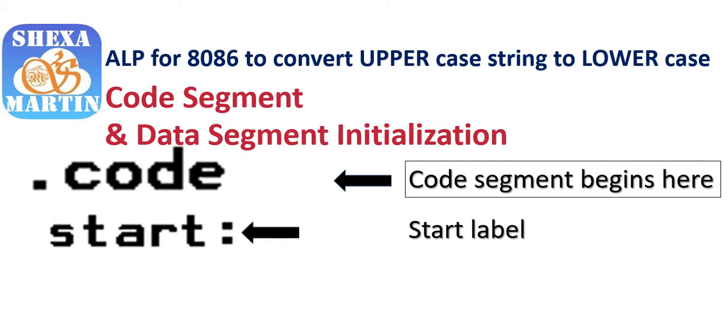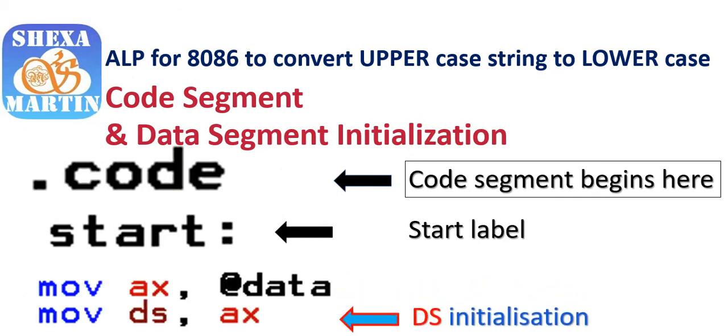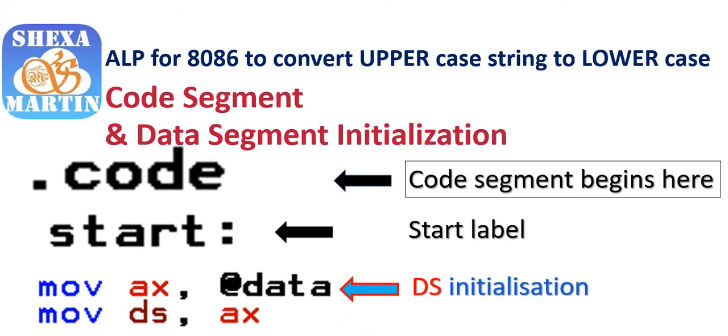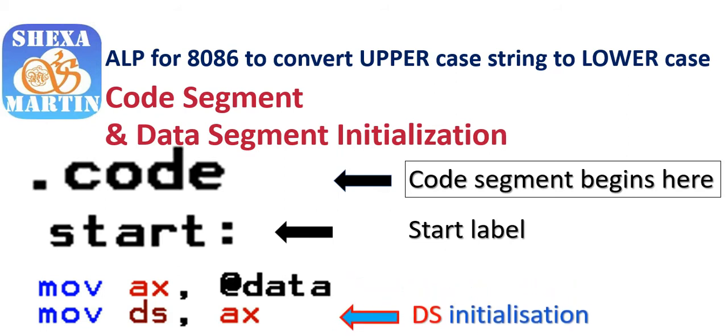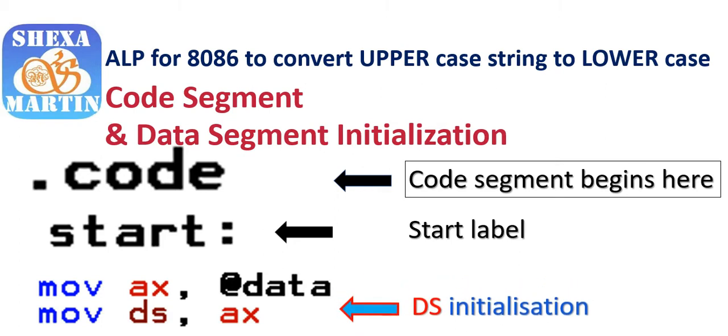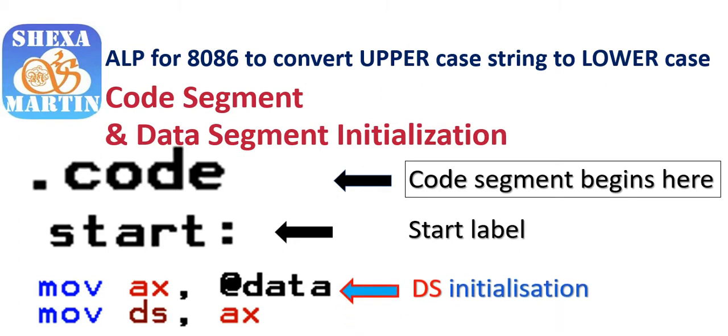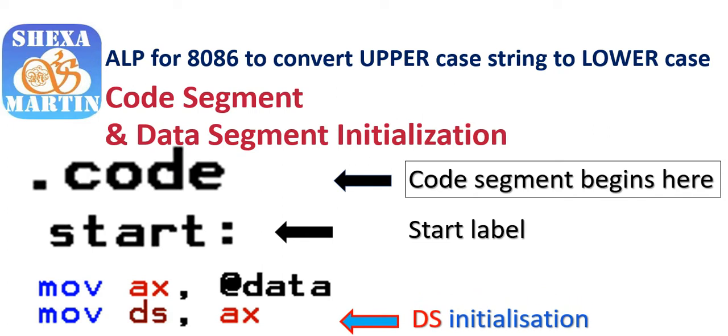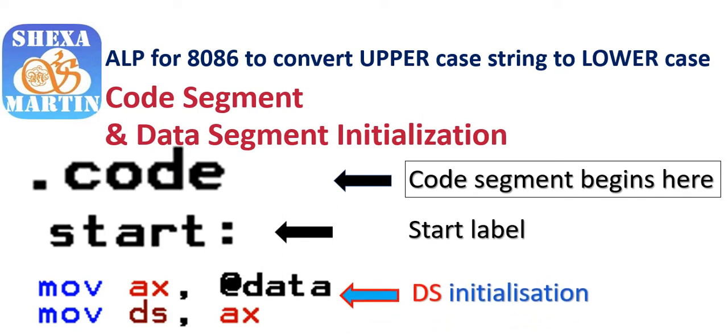From there we define our label. Our label here is called start. The colon is telling us that our start label begins after this colon. From there we write this code: data segment initialization. We take AX as the destination, and data is the one that takes everything that was typed inside the data segment.